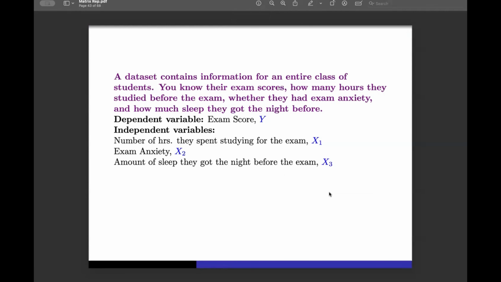We are talking about this problem where we have the data set that contains the information about the students' exam scores, study hours, exam anxiety, amount of sleep, and so on. And we have seen the matrix representation of the dependent variable y, x1, x2, x3, betas and epsilon separately.